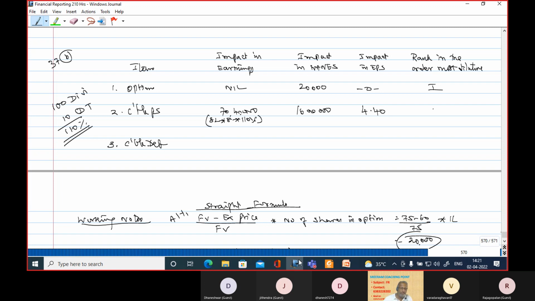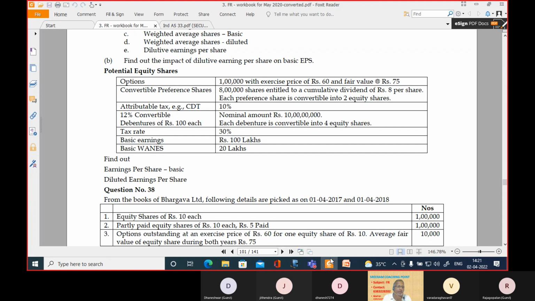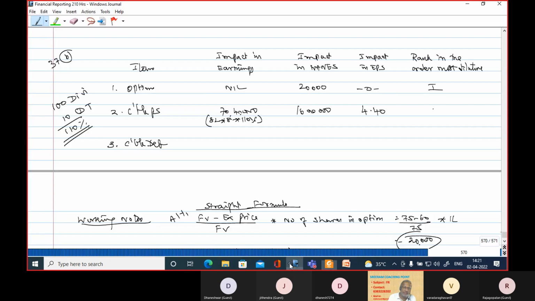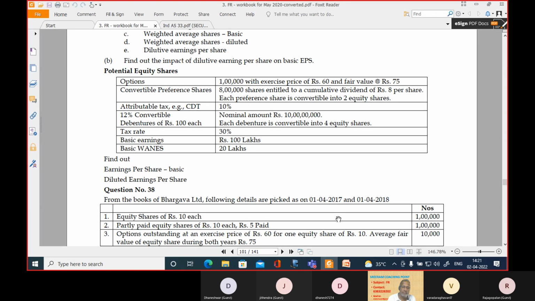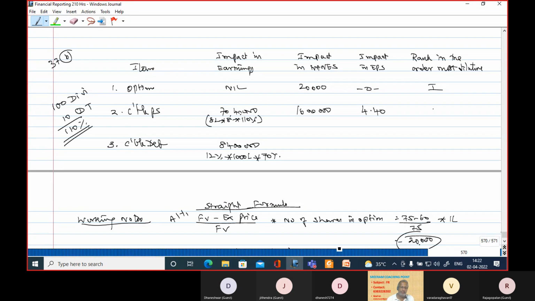Convertible debentures. What is it you have in the case of convertible debentures? You have 12% on 1,000 lakhs into 70%. How much is that? 84 lakhs. Correct that?